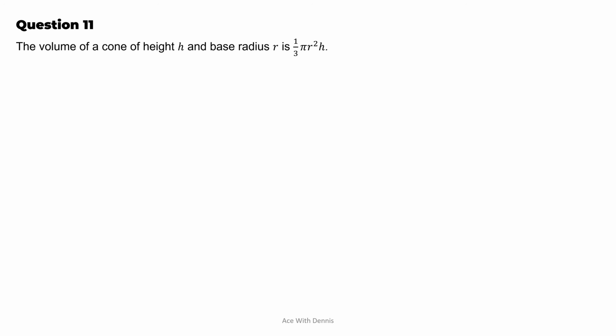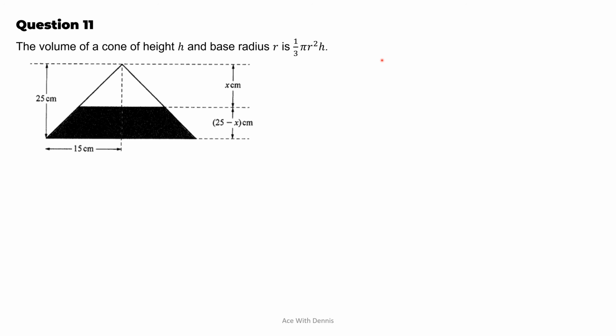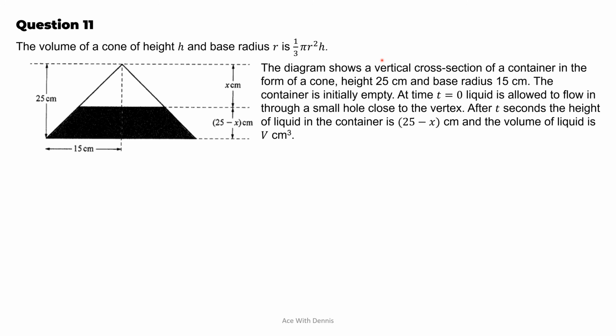Question 11. The volume of a cone of height h and base radius r is 1/3 pi r squared h. Alright, so this is the formula of the volume of a cone. And given this diagram, the diagram shows a vertical cross-section of a container in the form of a cone with a height 25 cm and a base radius 15 cm.